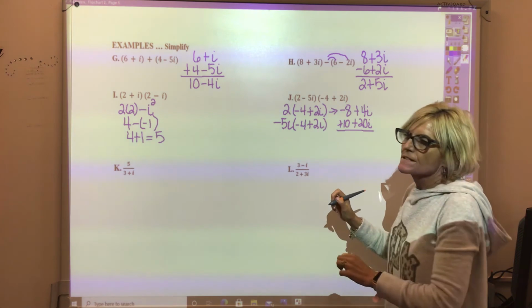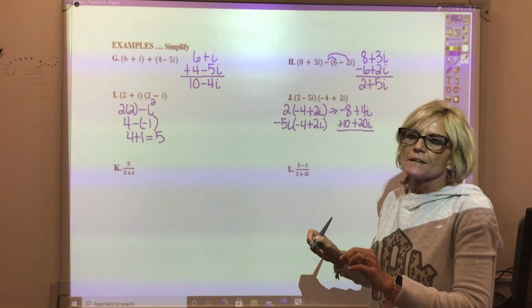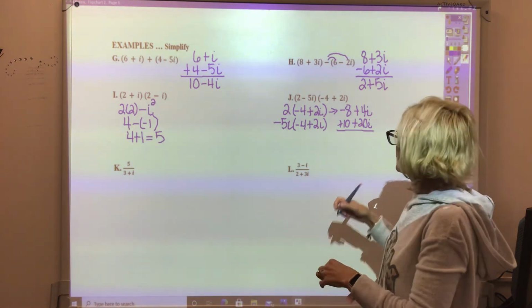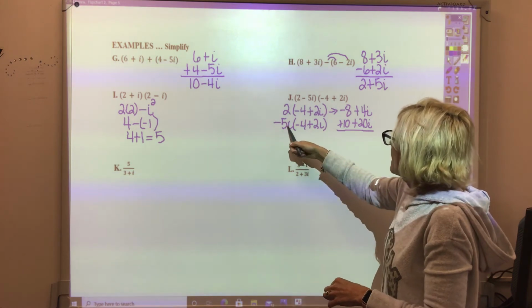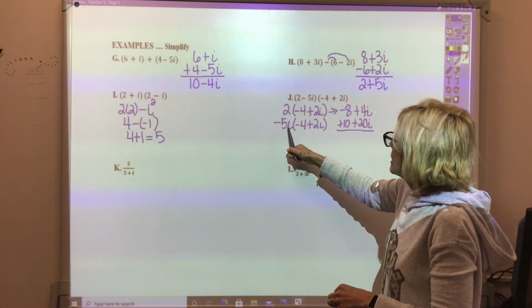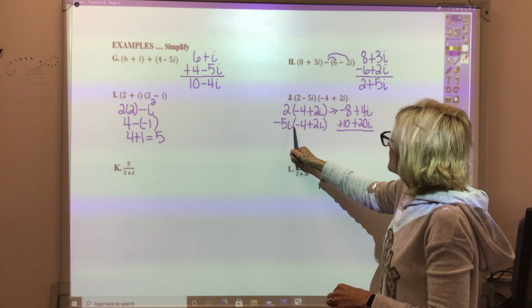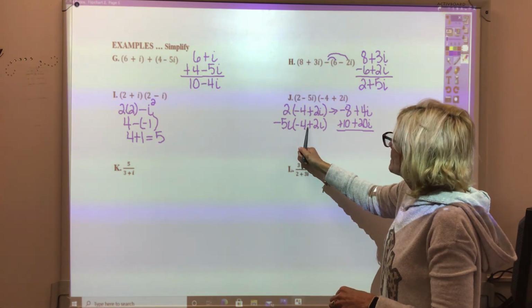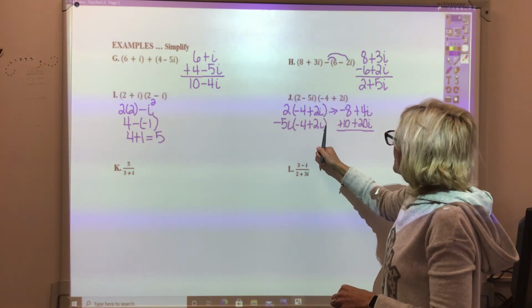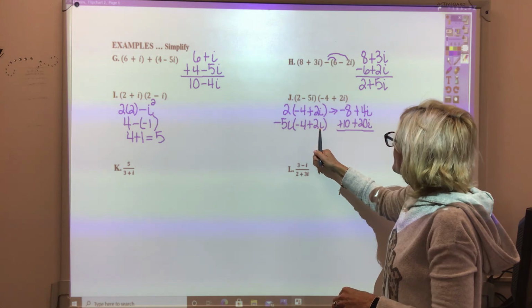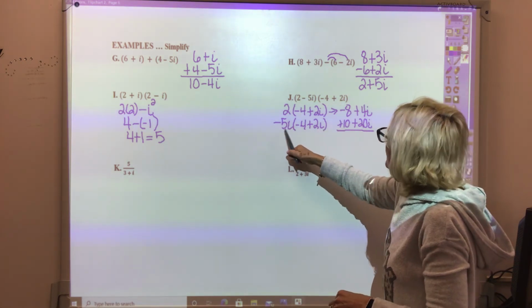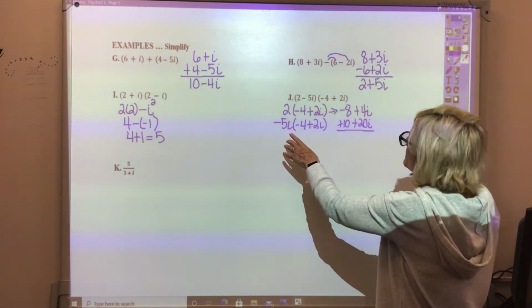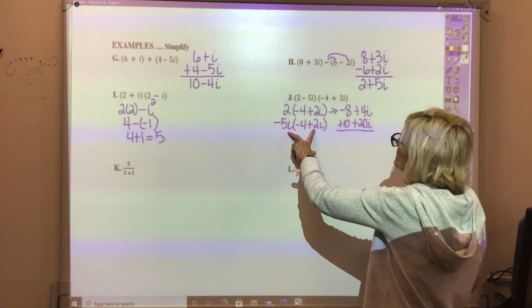Just get in the habit of any time you see i squared, it's negative 1. So you change your sign of what you had. Let's see, I think I wrote that wrong. No, I didn't write it wrong.